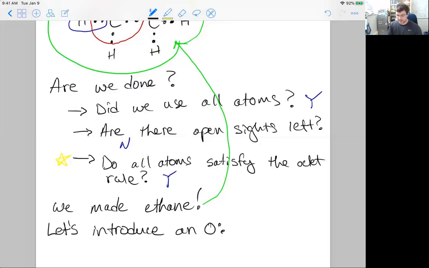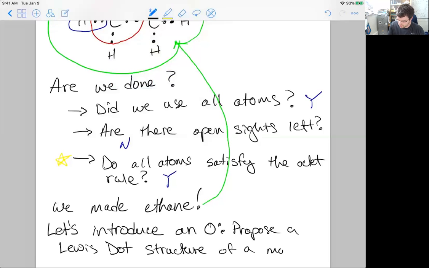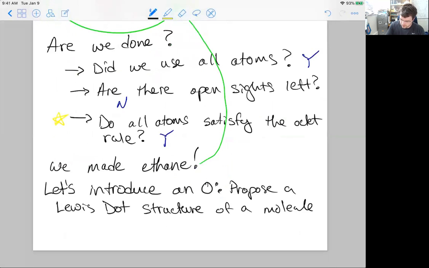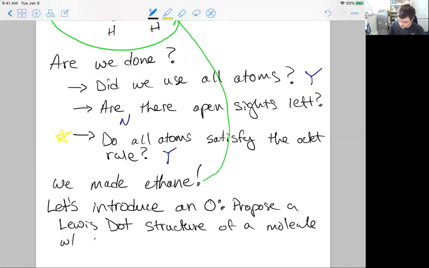What I'm really saying is propose a Lewis dot structure of a molecule with the formula C2H6O. So this is our task, C2H6O.